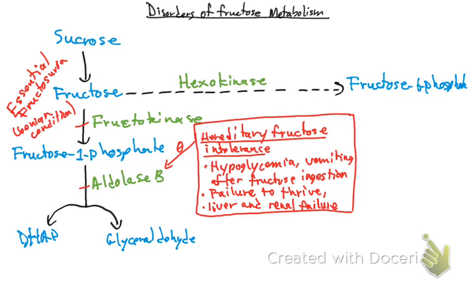So glyceraldehyde moves here, and it becomes glyceraldehyde 3-phosphate. This step needs an enzyme which is called triokinase.